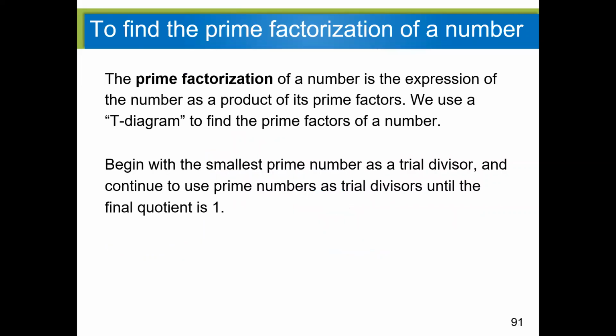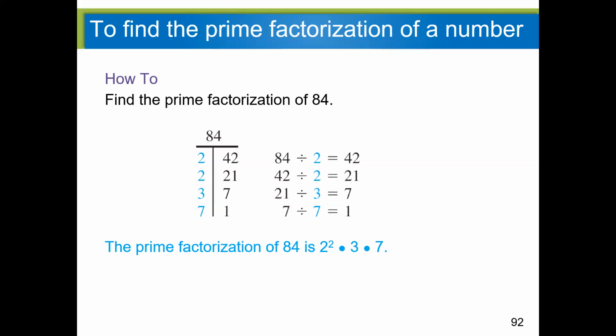What do I mean by that? Well, if we take 84, we know 84 is divisible by 2 because 4 is even. So 84 divided by 2 is 42. Well, what factors of 42 exist? Well, 42 is divisible by 2 because 2 is even. So I can divide 42 by 2 to get 21.